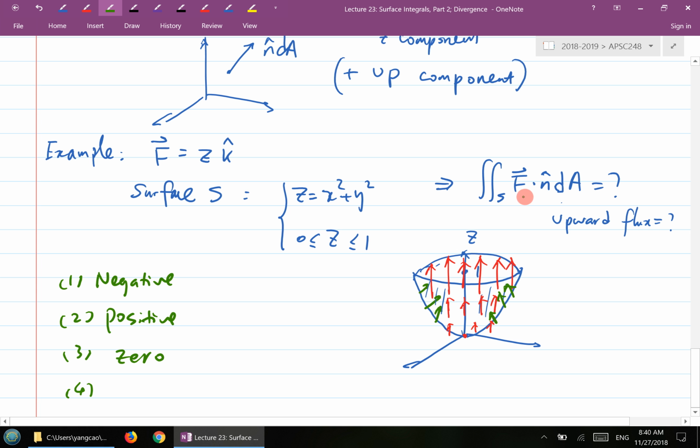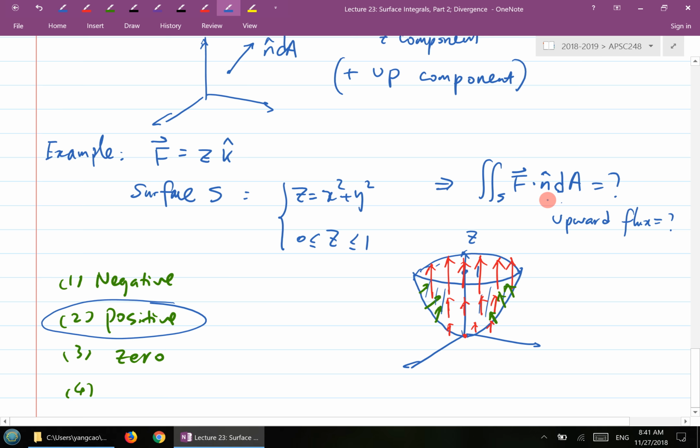So when you do a dot product F dot n hat, at any point you will always get a projection in the upward direction, or in the n hat direction. So that's why you can immediately conclude you're going to get a positive value out of this surface integral. Essentially you're making the computation a little bit alive, instead of just a pure dry computation, right? You don't have to do this every time.